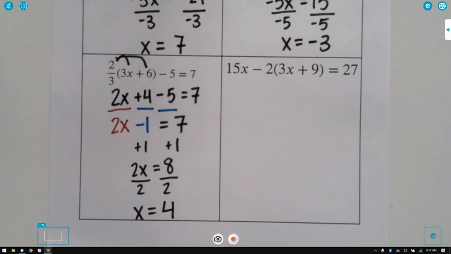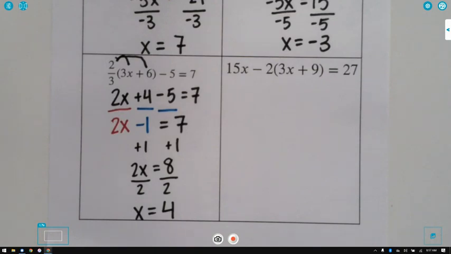Very last problem. We are distributing the number in front of the parentheses to the things inside the parentheses. What number do we need to distribute? Negative 2. Because it's minus 2 there, that means it's minus 2 times both the 3x and the 9.